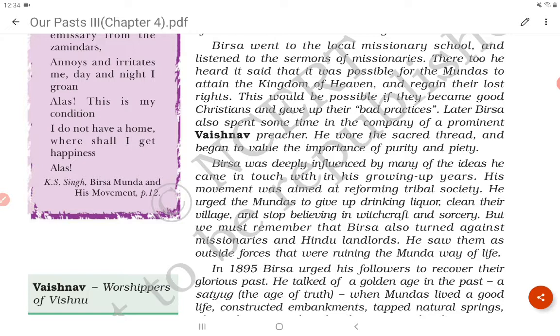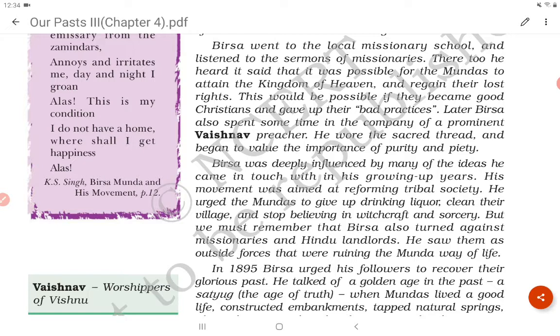Later, Birsa also spent some time in the company of a prominent Vaishnav preacher. He wore the sacred thread and began to value the importance of purity and piety.